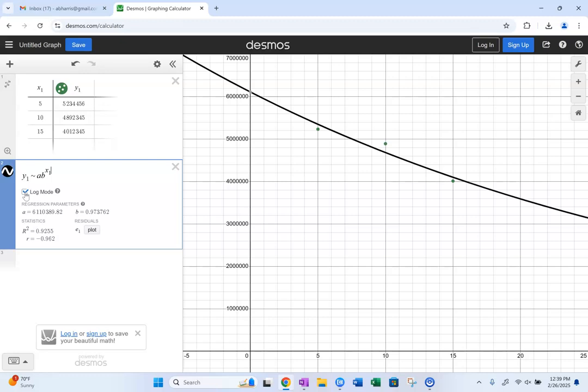So again, y1 tilde a b to the x1. And then we're going to make a note of that a right there and our b. So we'll be able to write the equation: y equals, put in the a and the b to that x power.